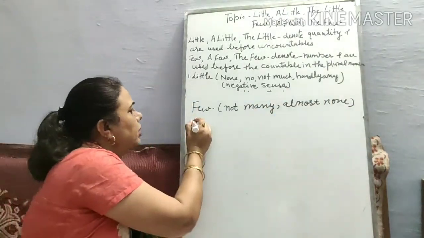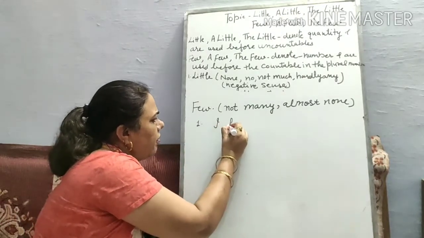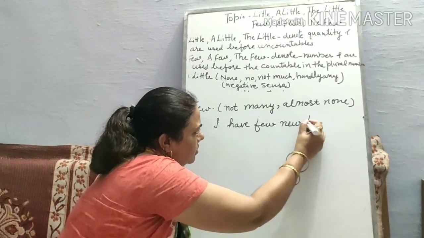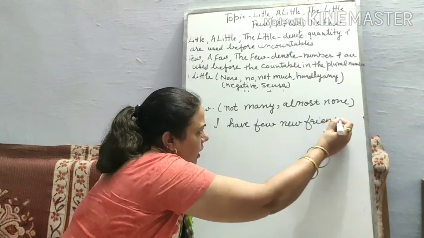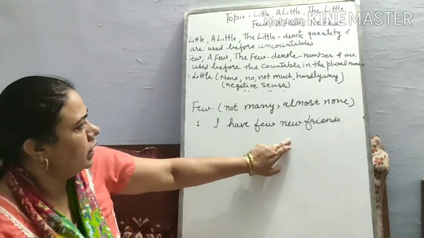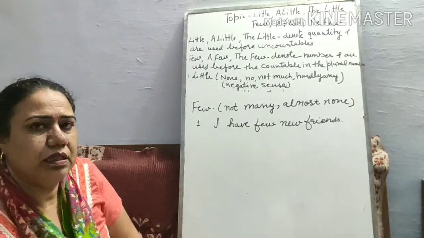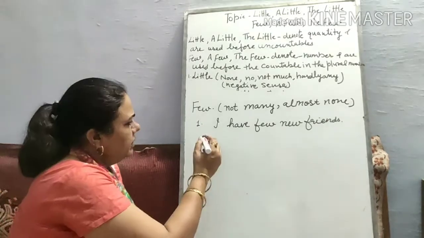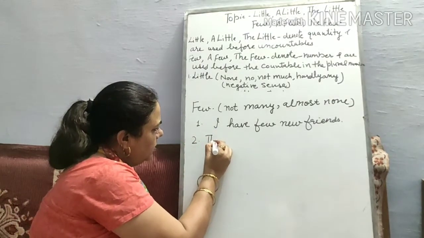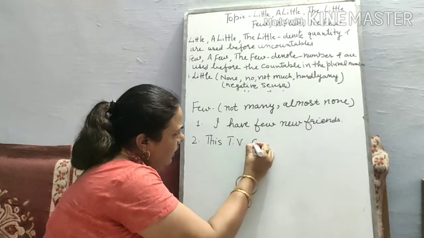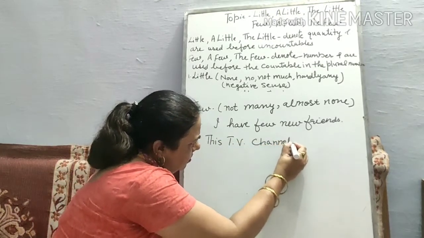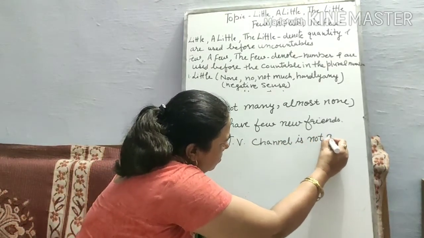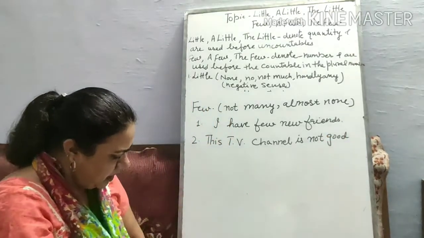Understood? So example number 1: I have few new friends. It means not many new friends. Next, this TV channel is not good. Why is it not good?